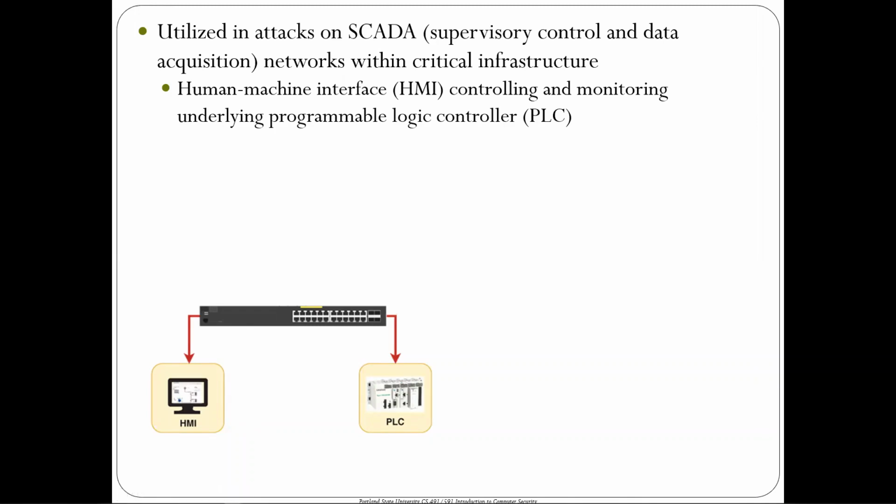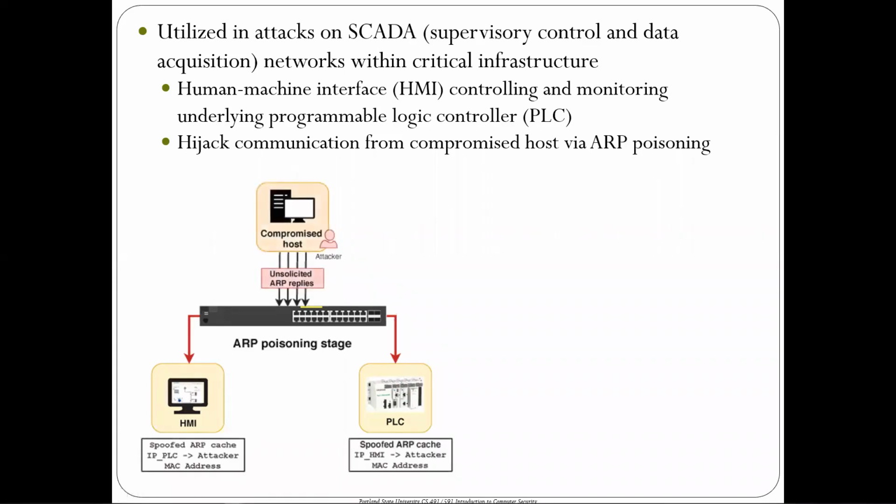And if it's all connected into a switch, then say you have a machine on this network that you have hijacked. What you can do with this compromised host is, if you know that these things are communicating, you can inject unsolicited ARP replies in stream, and you can trick the HMI into believing that the hardware address of the PLC is the compromised host, and the PLC you can trick into believing that the hardware address of the HMI is also the compromised host.